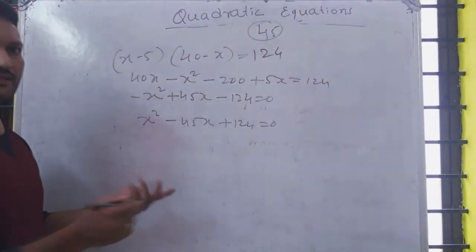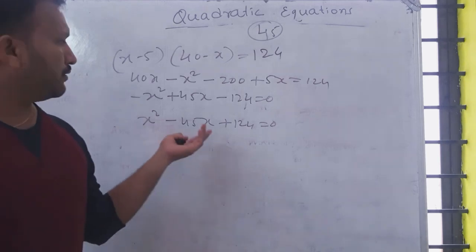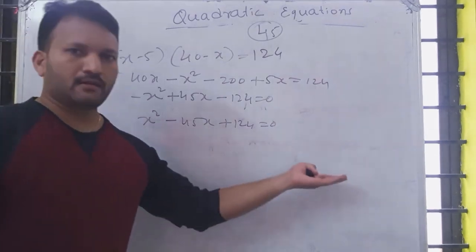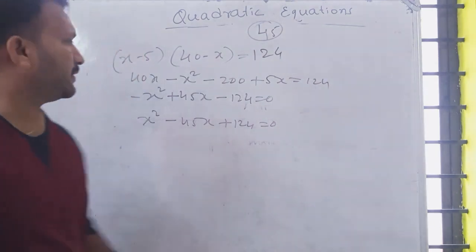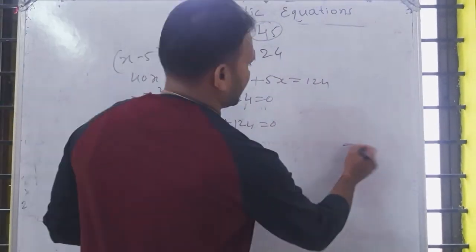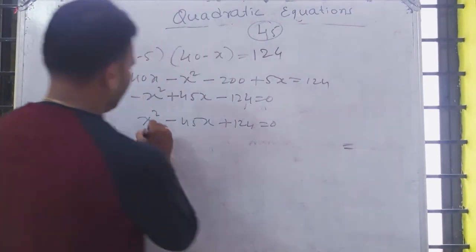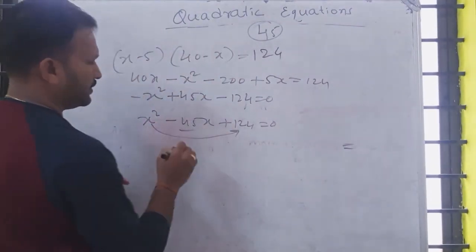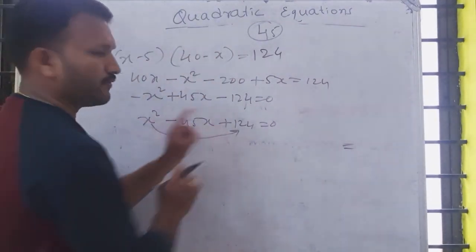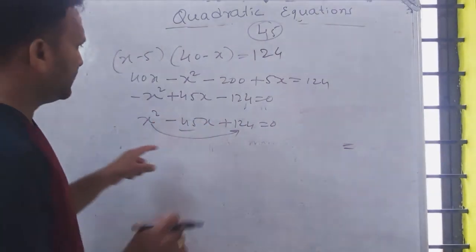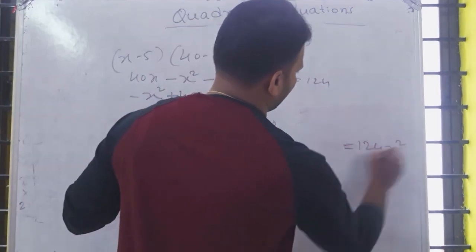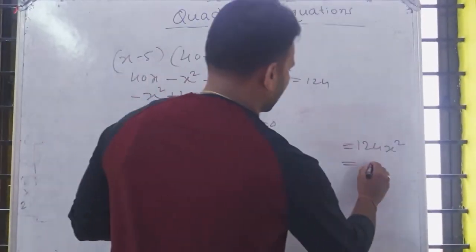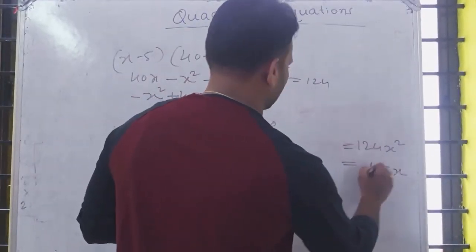Now factorize it or use another method, that is the completing square method or the formula method. So I use the factorization method here. First term into last term, and the next term is the middle term, along with the sign plus or minus. Here this is plus 124 x square, and here minus 45x.